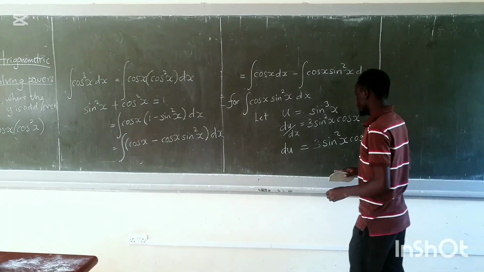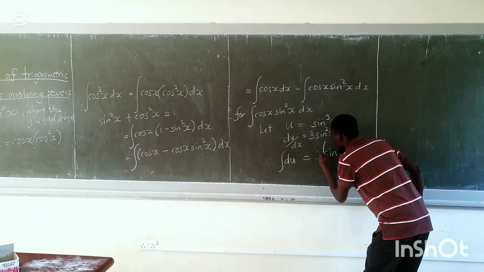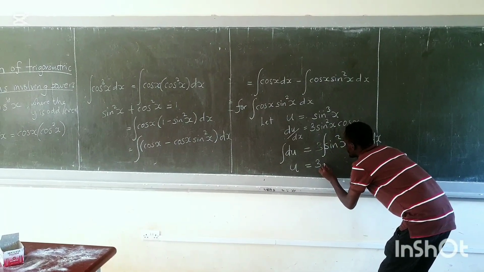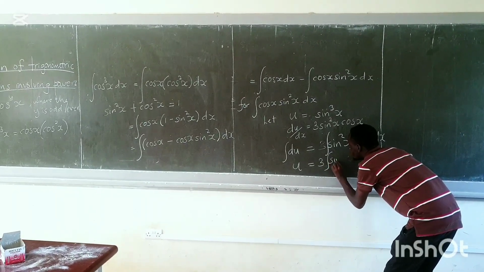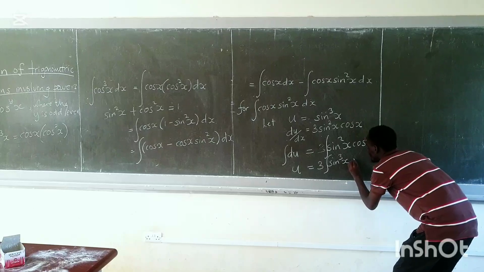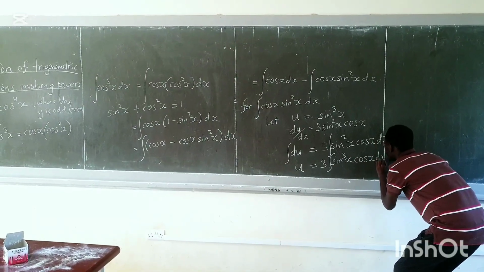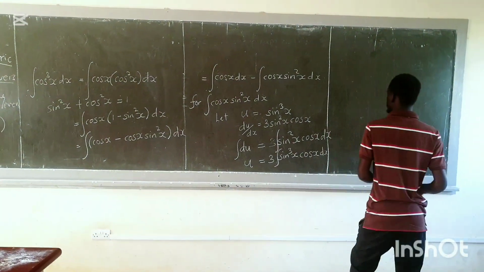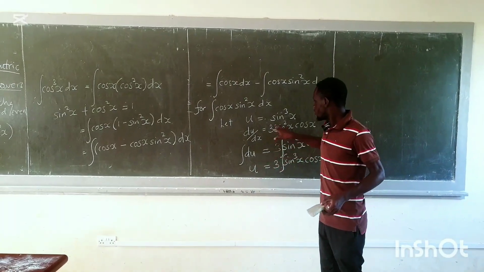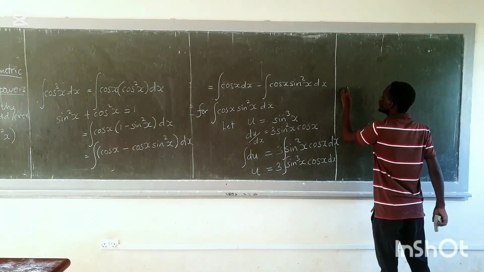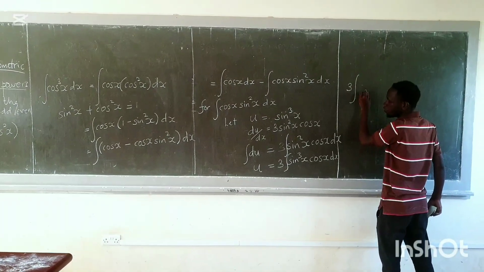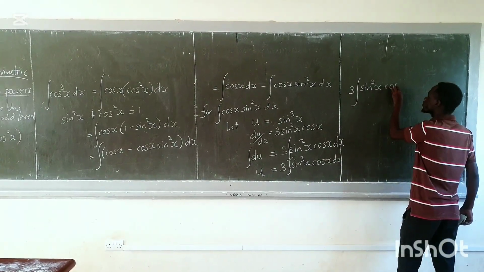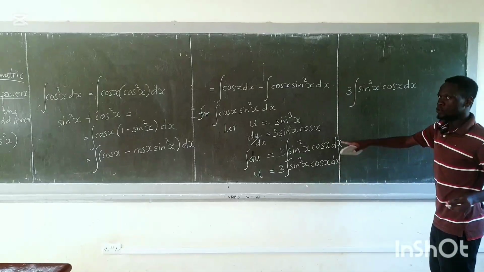If I integrate both sides, I will remain with u is equal to the integral of 3 sin^2 x cos x dx. But my u is sin^3 x.